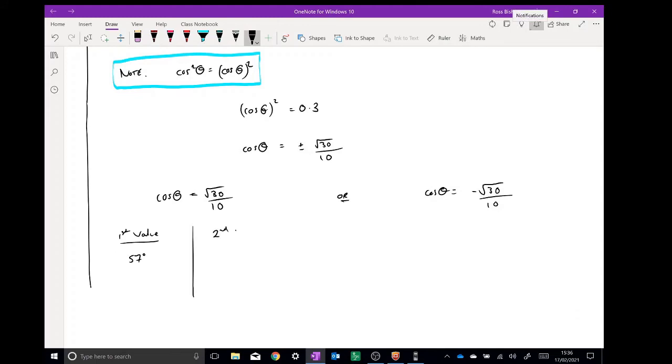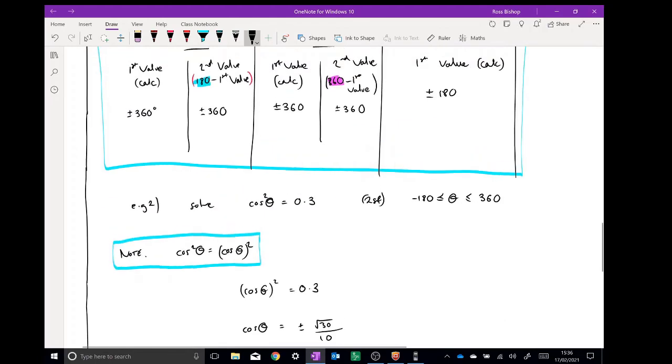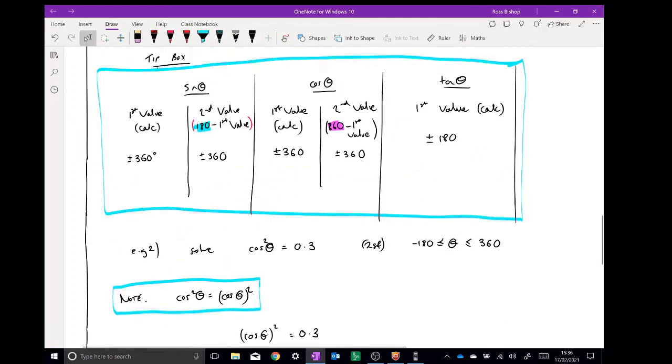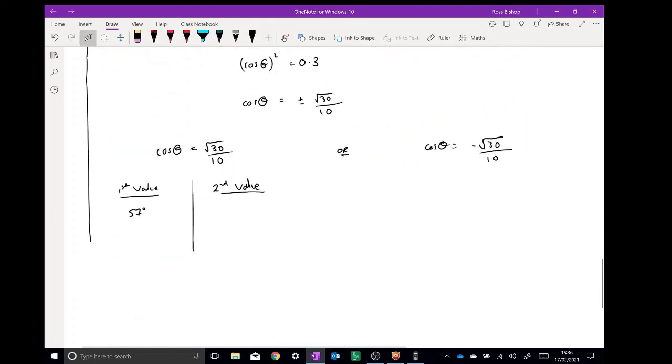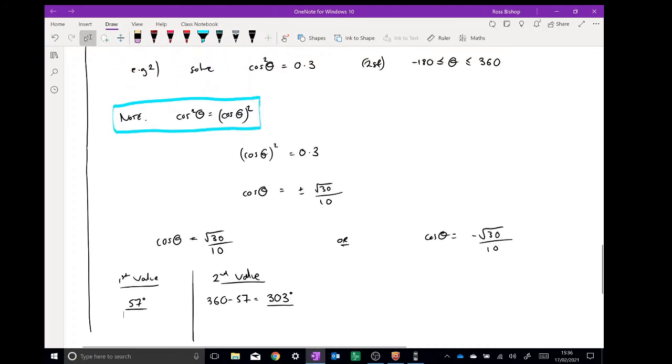Now my second value, I go back to my tip box, and the second value is 360 minus the first value. Okay, for the cos one, 360 minus the first one, so it's going to be 360 minus 57, which is 303 degrees.